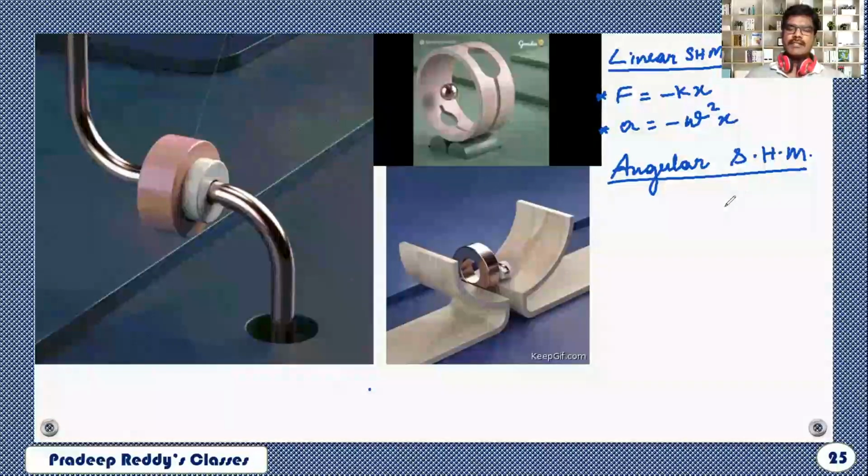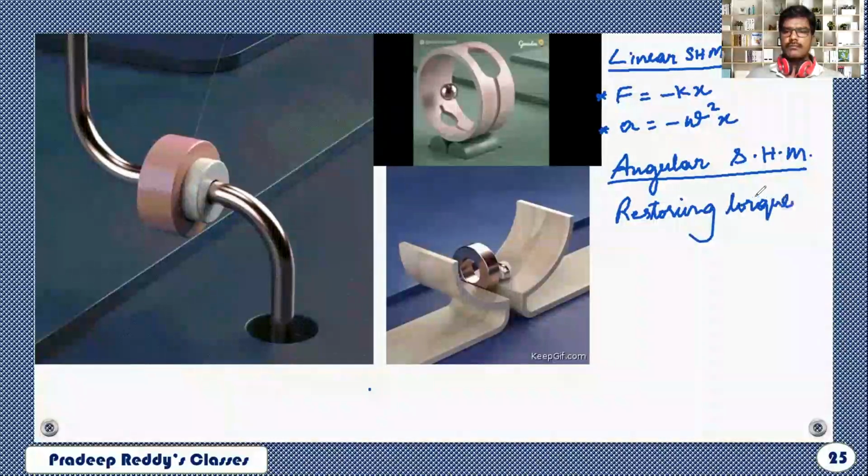And in case of angular simple harmonic motion, there will be a restoring torque acting on the object, and the restoring torque tau will be equal to R bar cross F bar. This is the restoring torque acting over there.